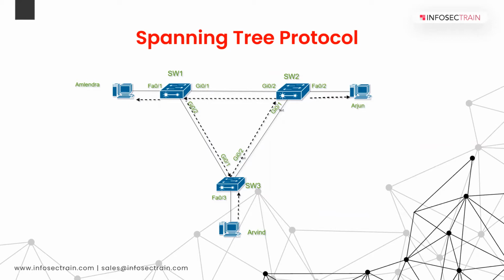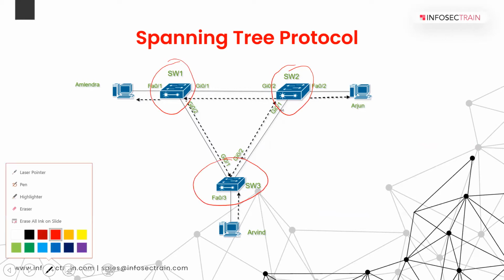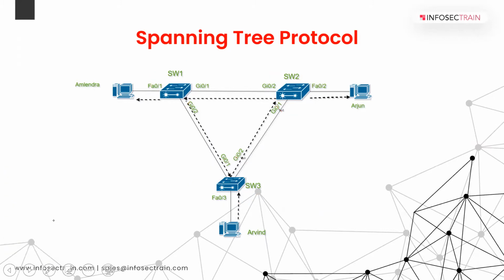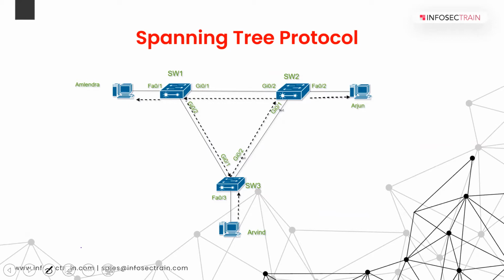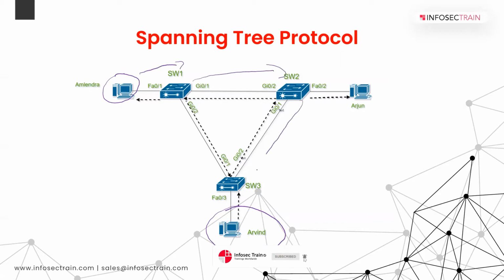As you can see in this topology, we have these three switches. Let's say I want to go towards the PC with the name Arvind. Mr. Amlendra, the first person, can send the data to switch 1, switch 1 can send data to switch 2, and switch 2 can send the data to switch 3.